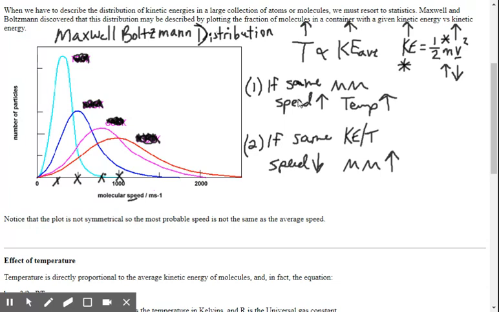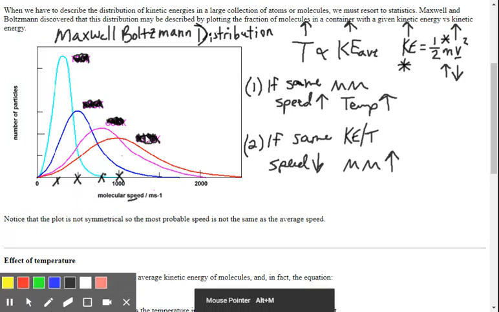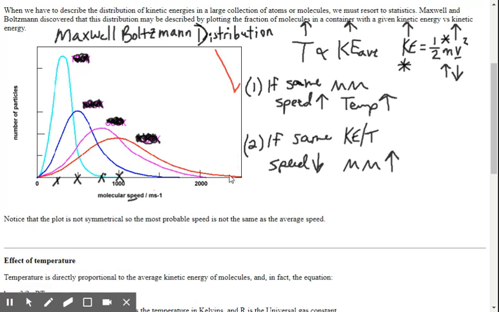Now let's look to see who has the lowest temperature. Well, this one right here lies on the x-axis right here, so it has the lowest molecular speed. Since it has the lowest molecular speed, it is the lowest temperature. So that's how you go about answering the first type of question.